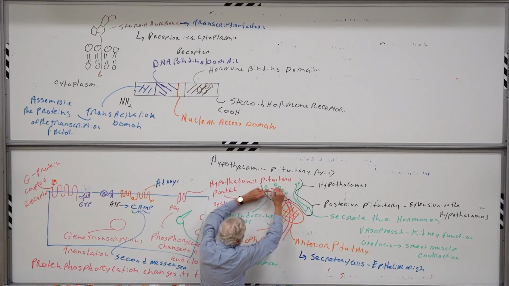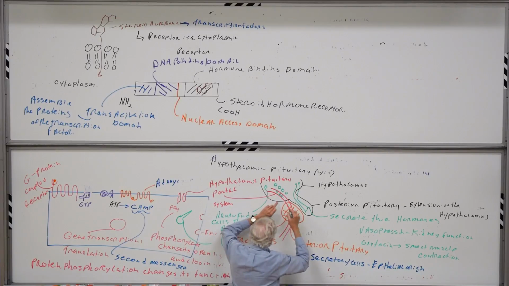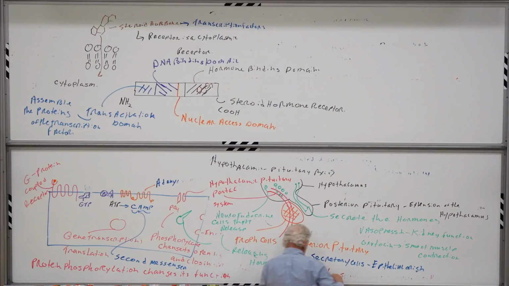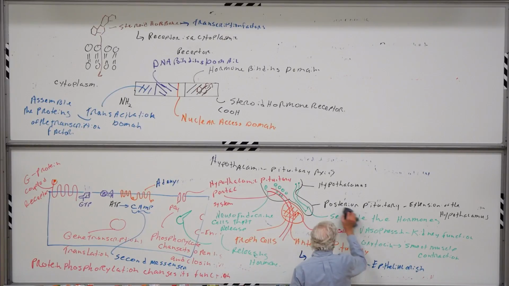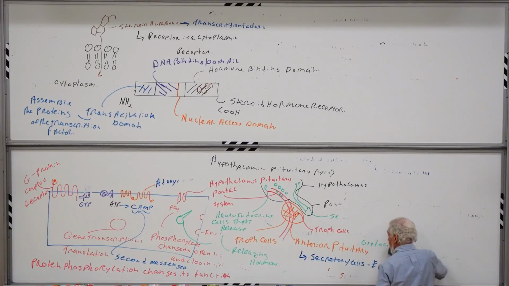The releasing hormones now enter the hypothalamic pituitary portal system. The releasing hormones have receptors on cells in here called troph cells. So the troph cells have receptors for releasing hormones.